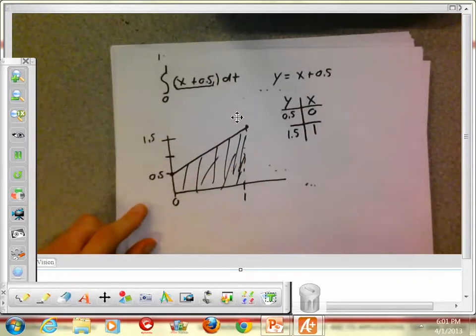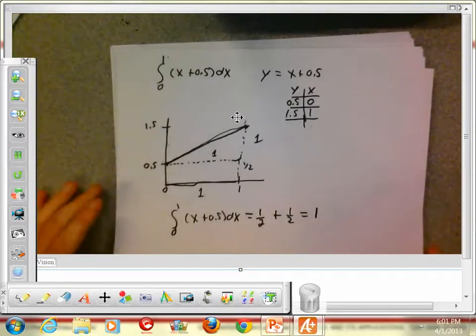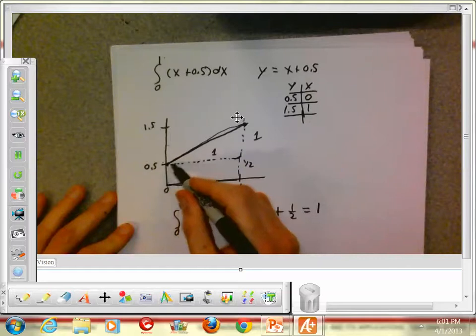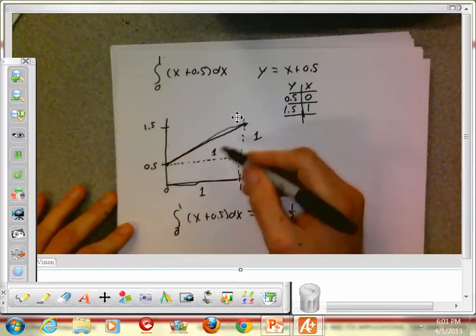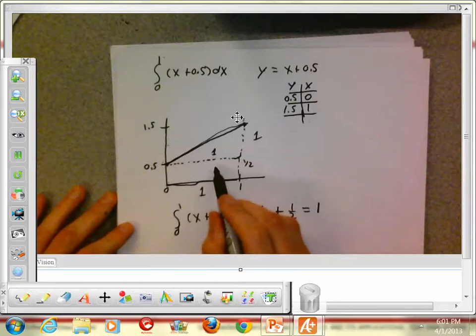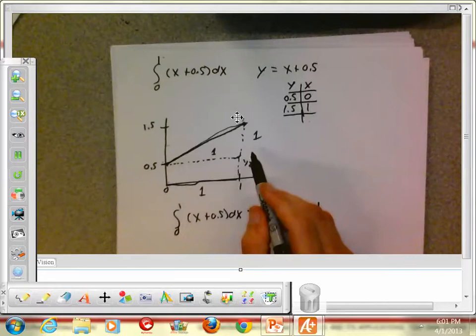So the question is, how can we get that area? Well, one way would be to draw a straight line at 0.5, and we wind up with a triangle and a rectangle. The base of the triangle is 1. The height of the triangle is 1. So the area of a triangle is 1/2 base times height.